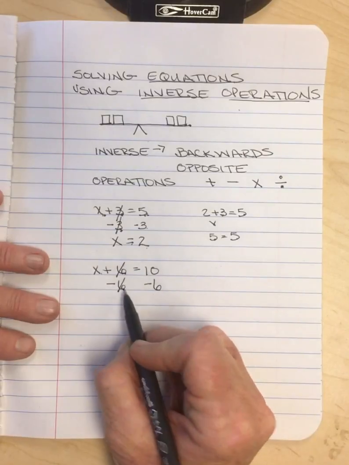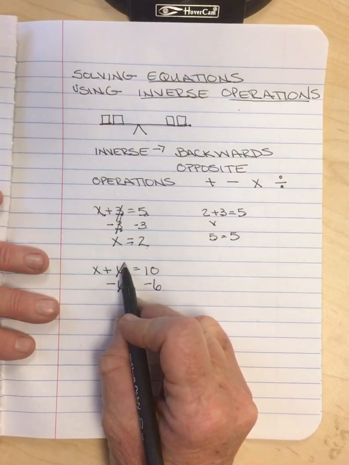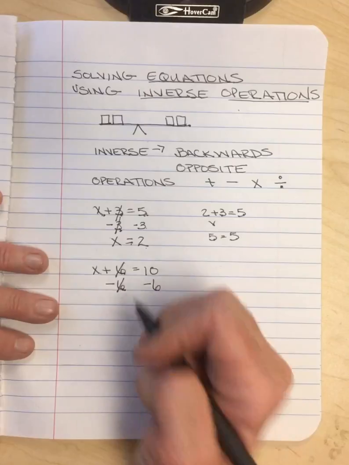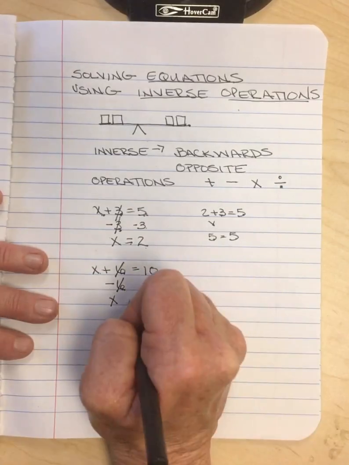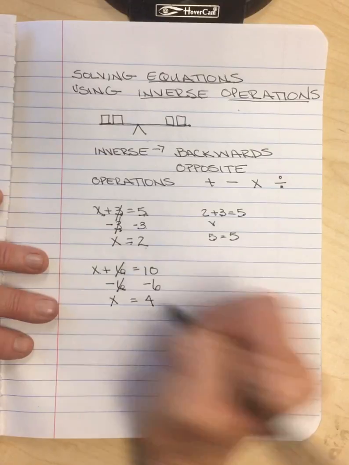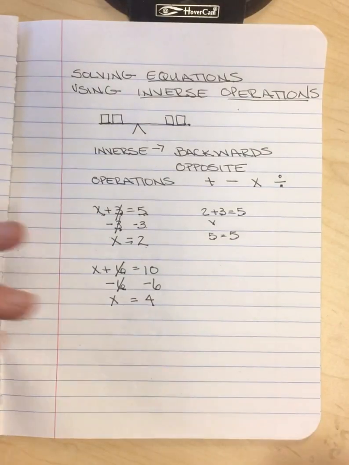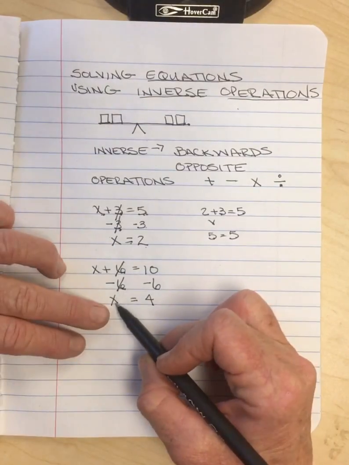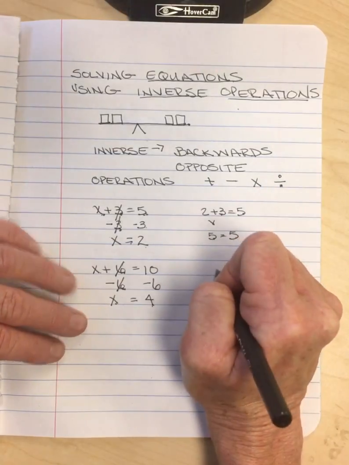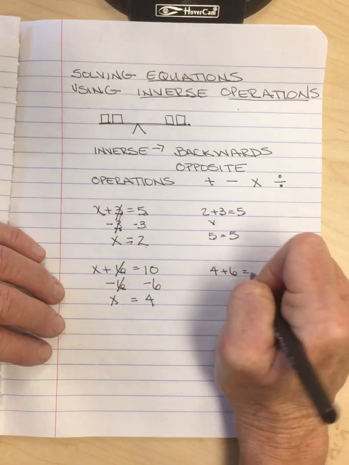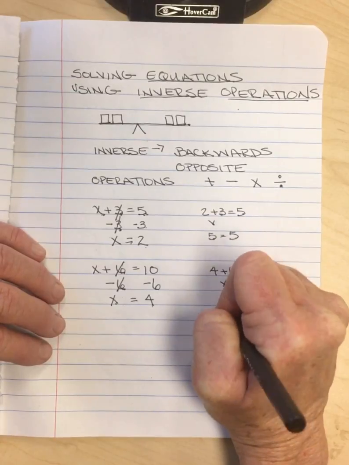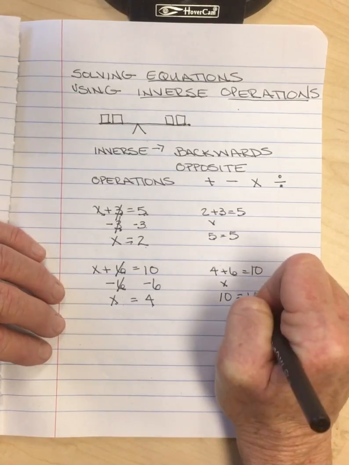Remember, notice that I'm not putting a 0 down here. I'm just crossing them out. What I have left on this side is x equals 4. And that's what it's telling me. It's telling me my unknown number is equal to 4. And so over here, if I do my check, 10 is equal to 10.